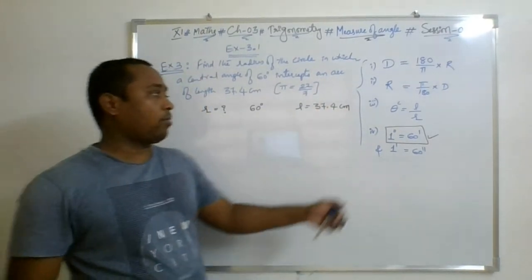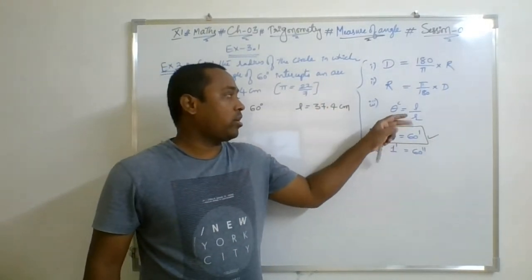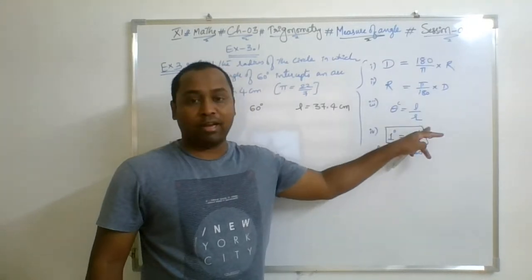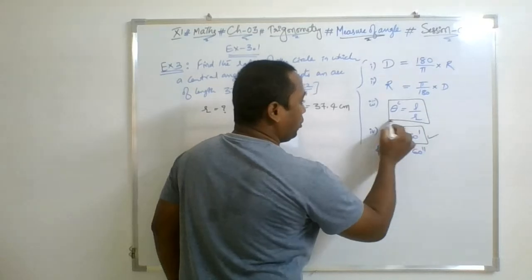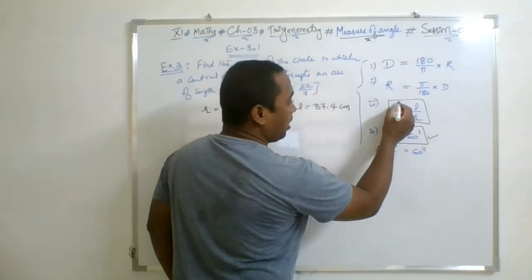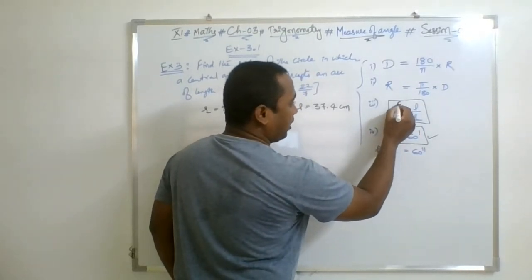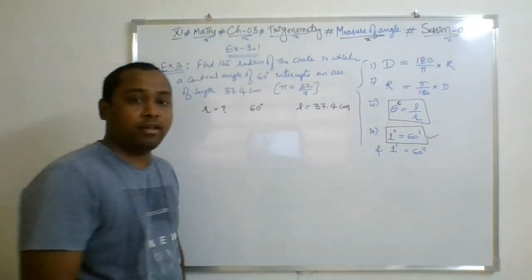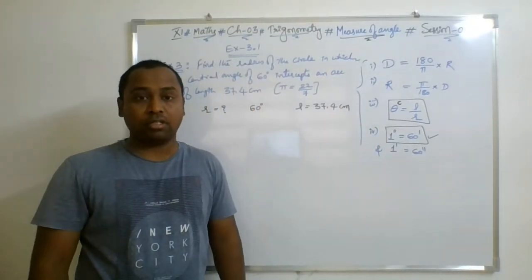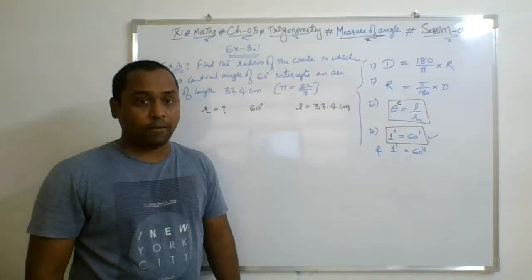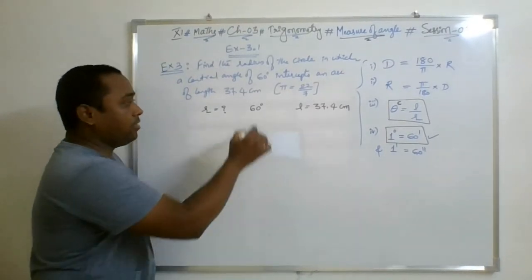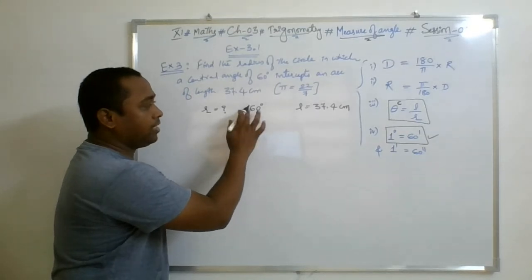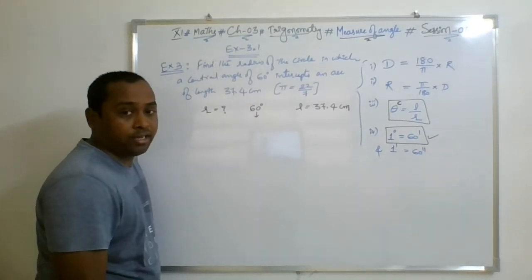And you know the formula, that is theta radian is equal to L by R. Before using this formula, you need to remember, angle must be in radian terms only. This is the compulsion before using the formula. But the angle is given in degree measure, hence you need to convert this 60 degree into radians.